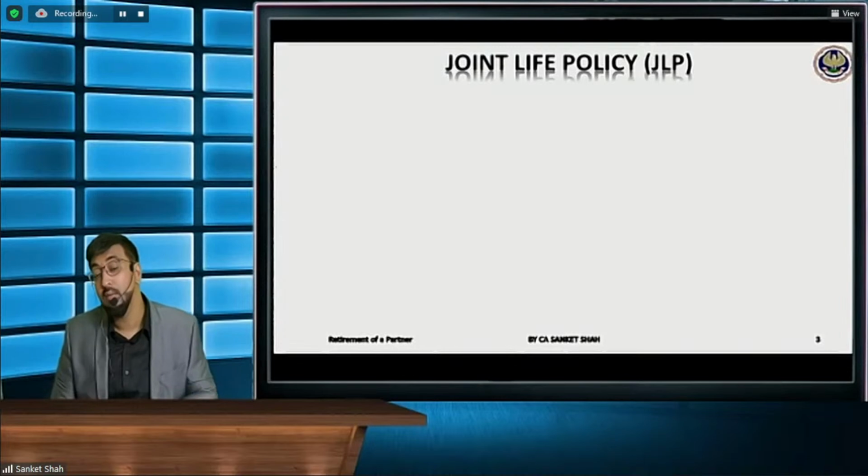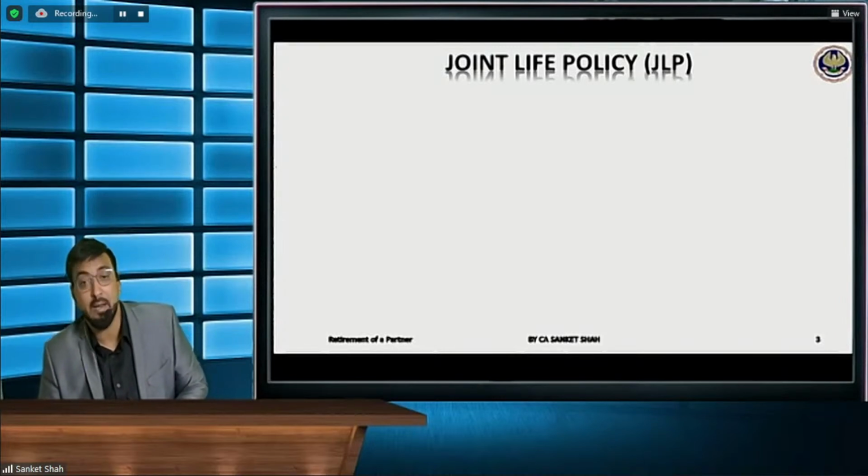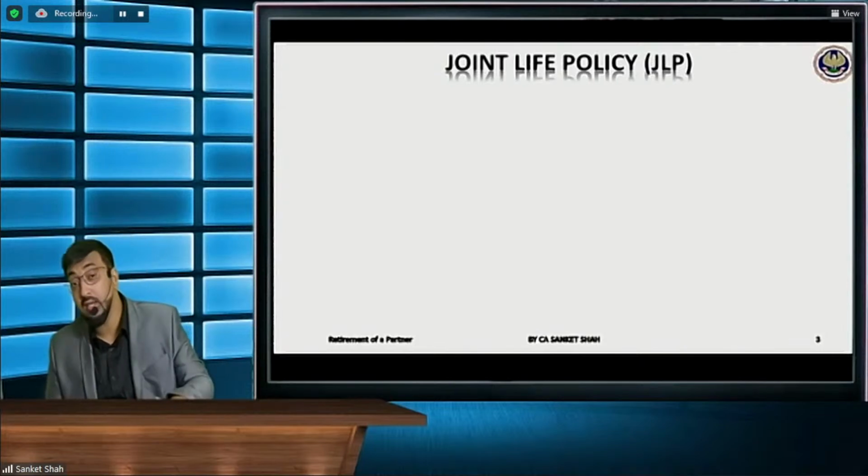So we have taken one insurance policy for our safety, because any partner dies, it is not loss to the partner, but it is a loss to the whole partnership firm. It may get disturbed due to any death occurs or any retirement occurs. And therefore, normally we take joint life policy. So you got the meaning.